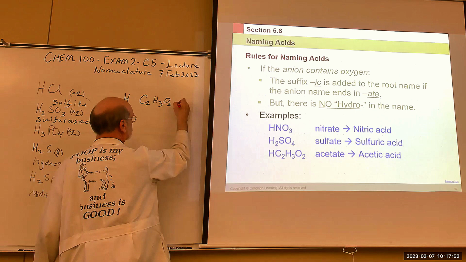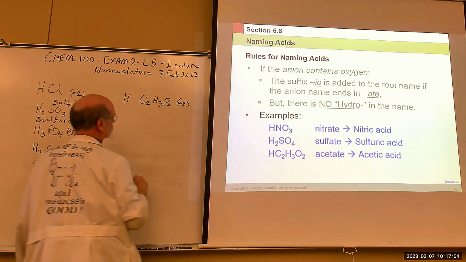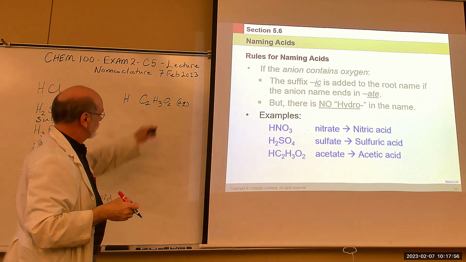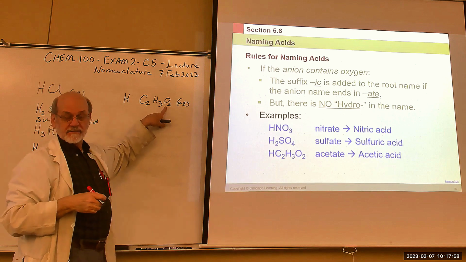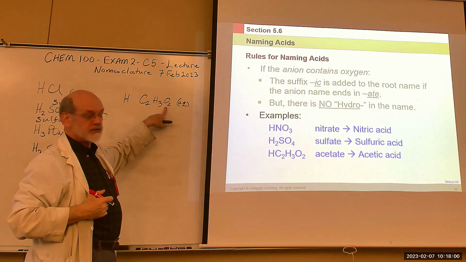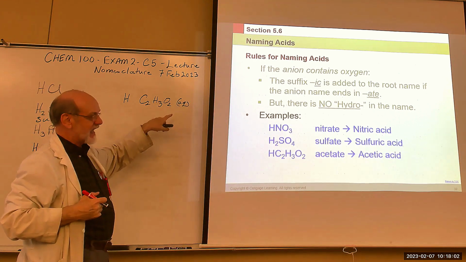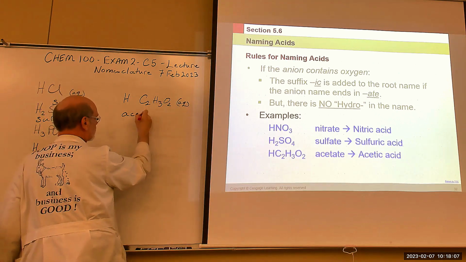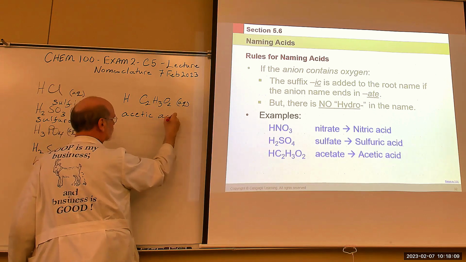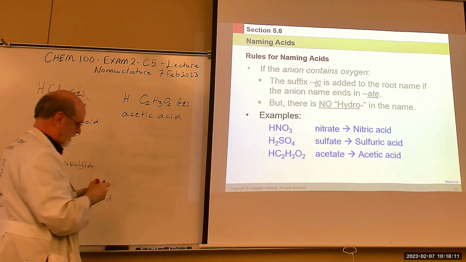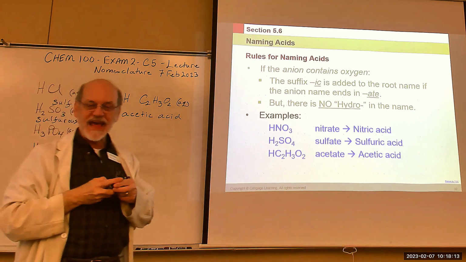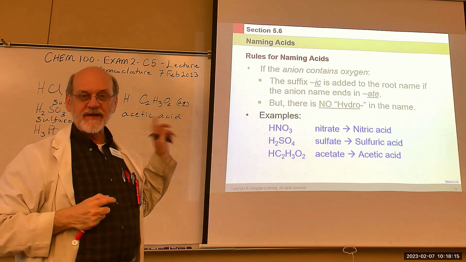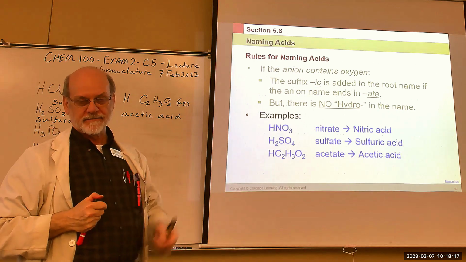And we put it in water. Okay? That's got an oxygen in it. So we don't start with hydro. We just say, this is acetate, ate becomes ic. So we say acetic acid. Acetic acid, 5% acetic acid is vinegar.